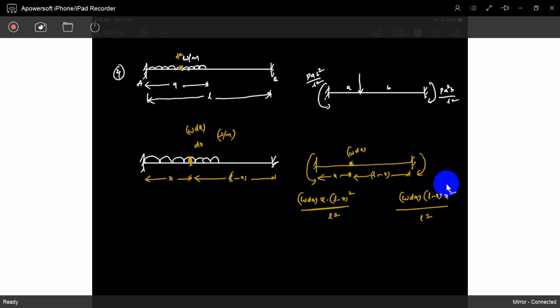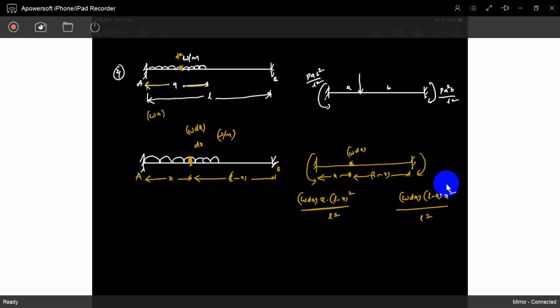But in the actual beam, how much load is there? The load acts from 0 to A, so the total load is W into A, acting continuously. It is a spreading load, not a point load.